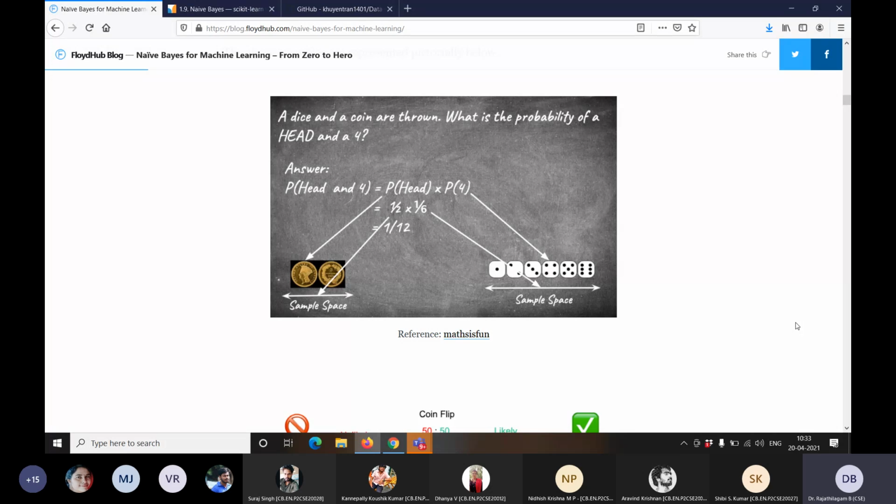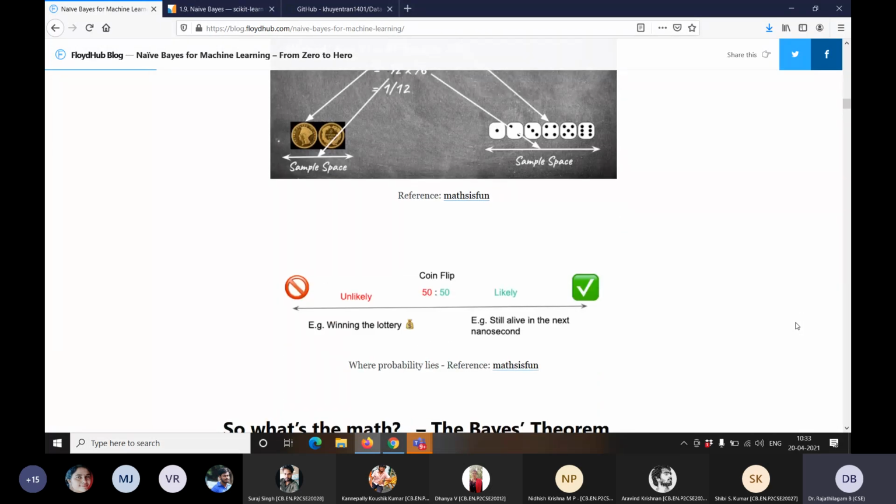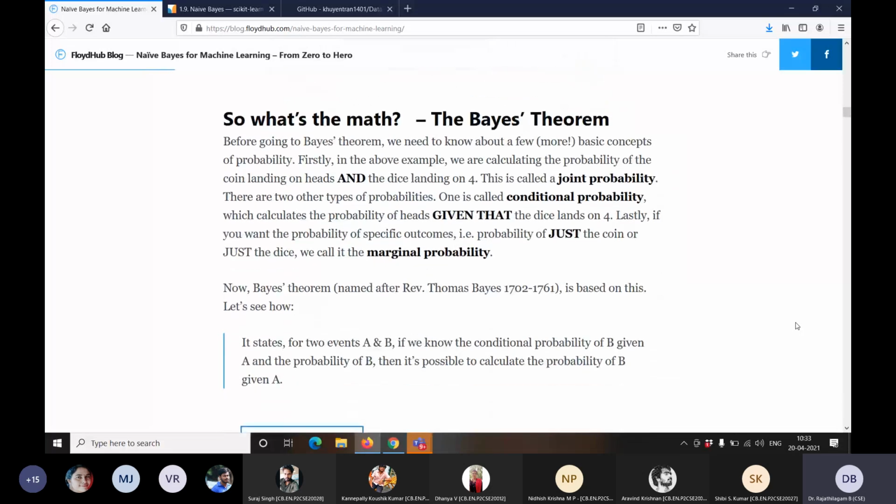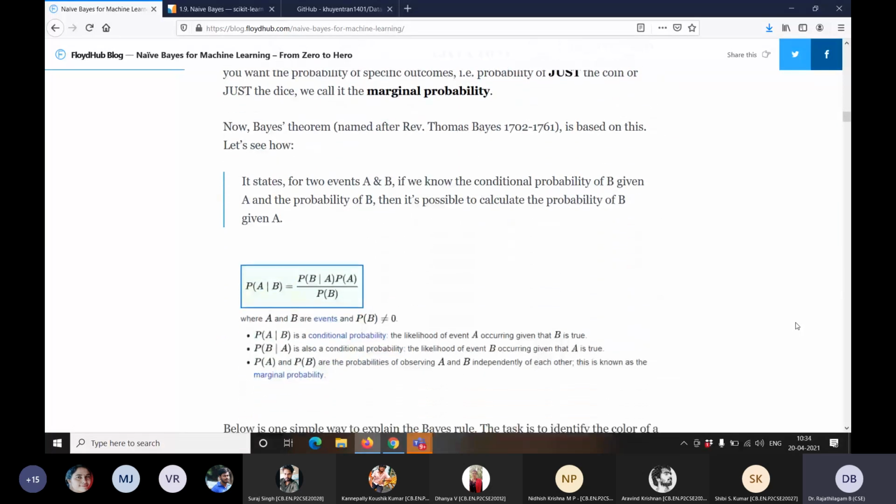So with this background, your Bayesian rule, the Bayes theorem, says that if there are two events A and B, if we know the probability of B given A and the probability of B on its own, you can calculate the probability of A given B. There are two events A and B. One is the coin flipping, the other one is the dice.